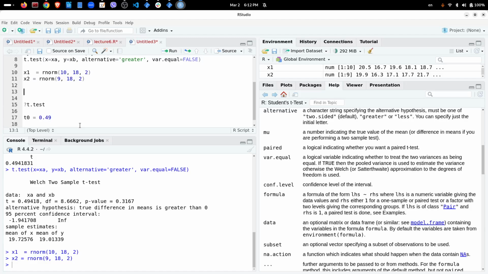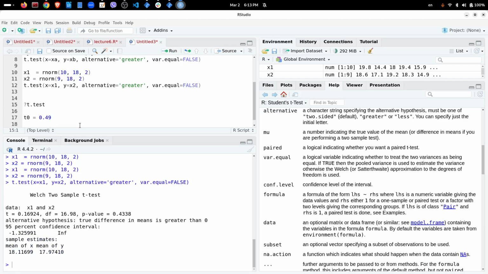And in this case, for example, a realization of the t-statistic would be the following. Here I will write x1 and x2. For example, I get a t-statistic value of 0.16, which is a bit smaller than what I got the previous time.